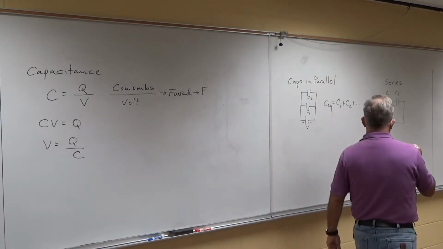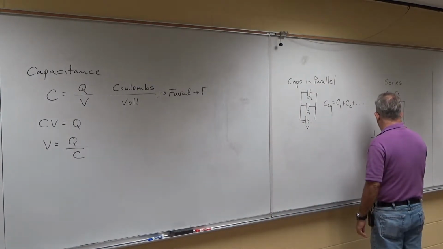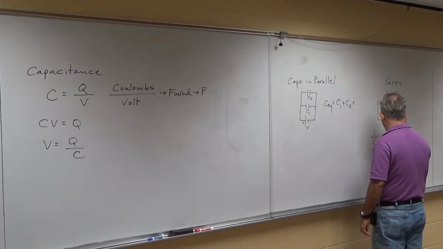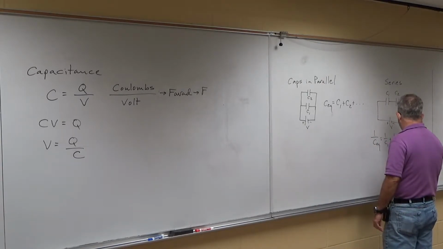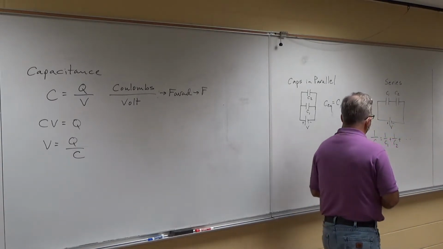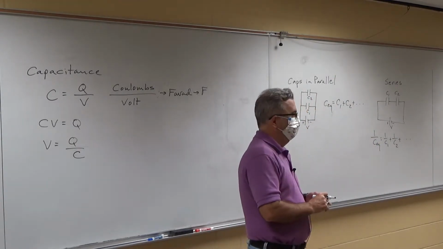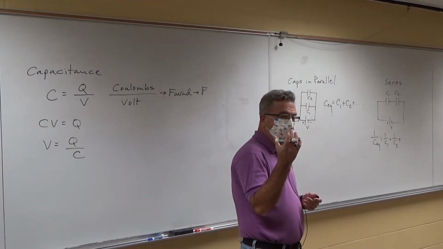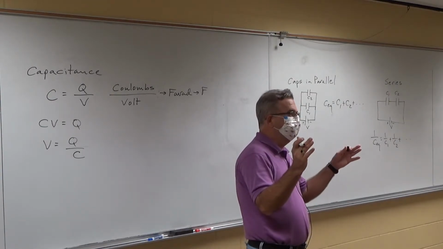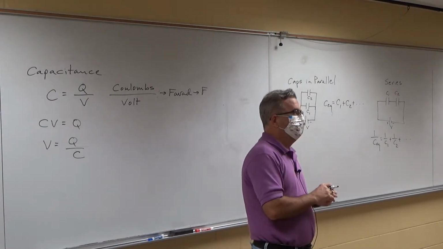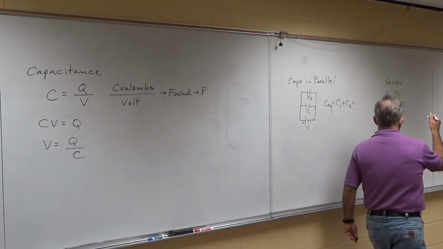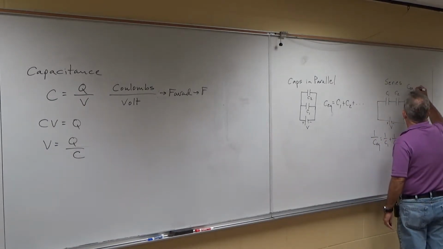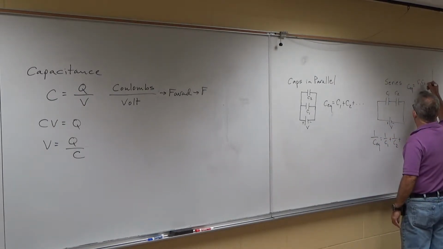So the equivalent capacitance here, you calculate this way. 1 over C equivalent is 1 over C1 plus 1 over C2 plus ... as many as you have in series. I usually do them 2 at a time. If I have 10 in series, probably do 2, 2, 2, 2, okay? And C equivalent is equal to C1 C2 over C1 plus C2.